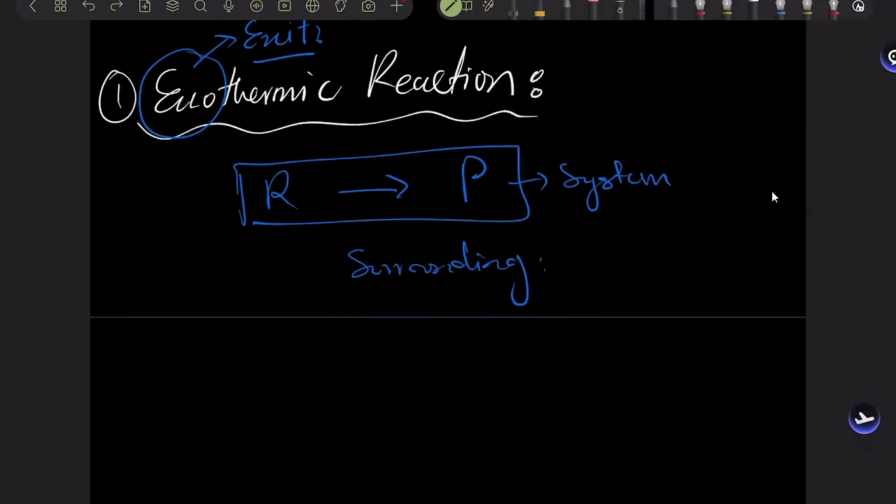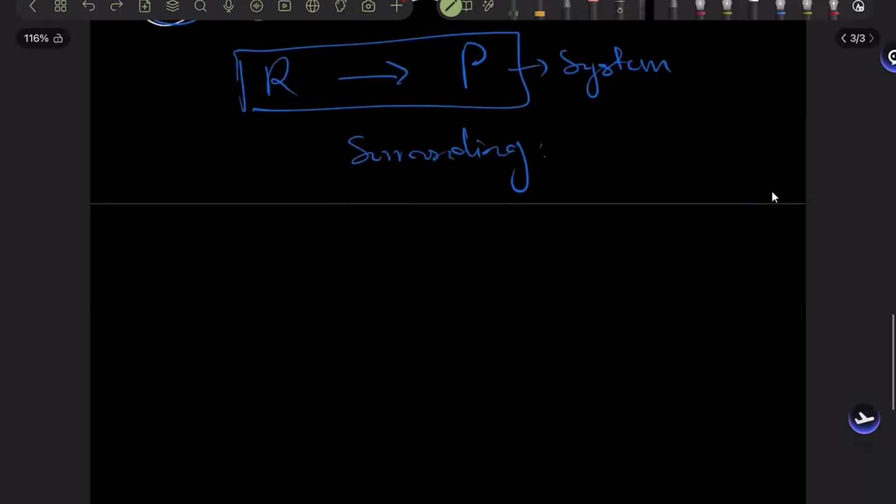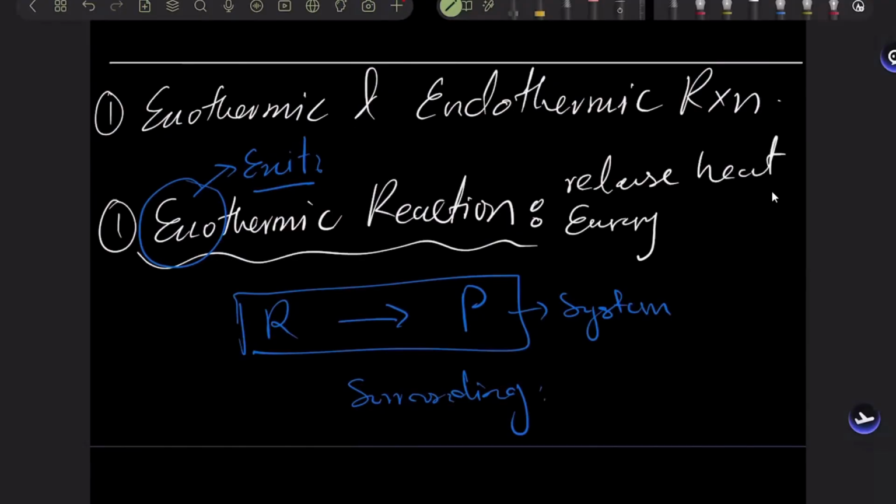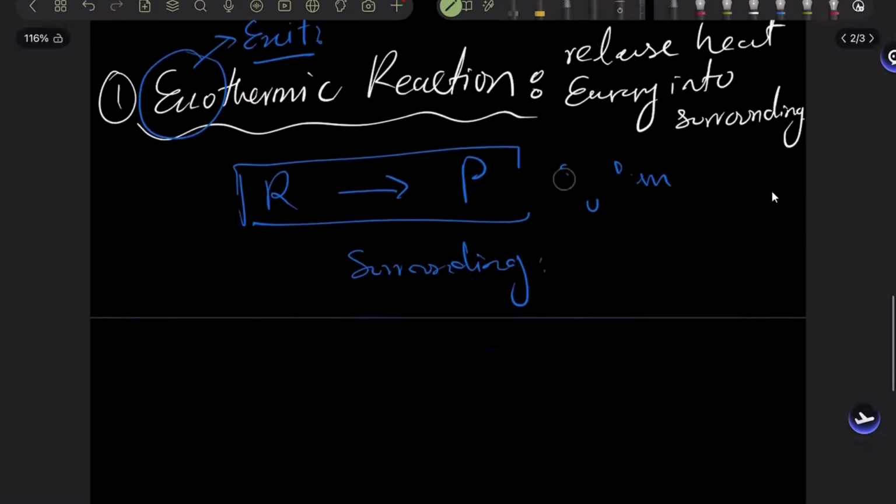system to surrounding. So we can write it as release heat energy into the surrounding. This is just for our help. But if you want to write it properly, I'll write on the product side, plus heat.